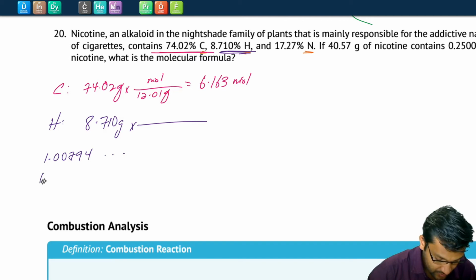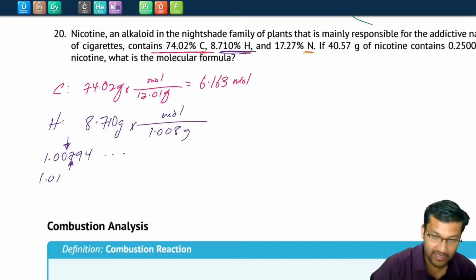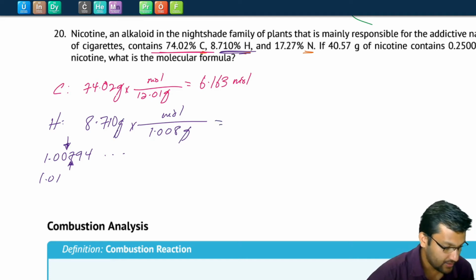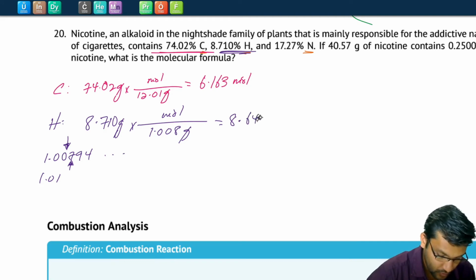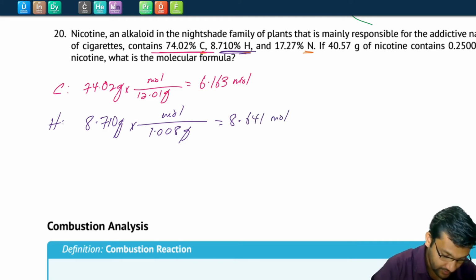I usually use 1.01, but that will give us 3 sig figs in our problems, which we don't want. So I'll round it to this significant figure instead, and so that'll be 1.008 grams per mole. That way I can keep 4 significant figures in my answer. So if I do that, I end up with 8.641 moles of hydrogen.